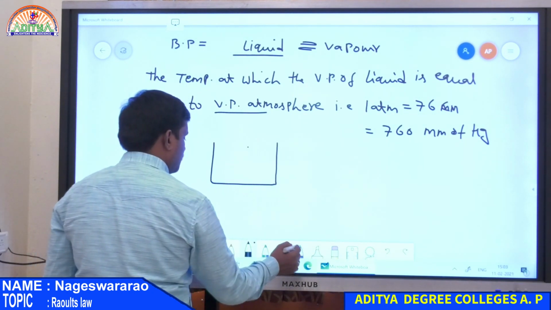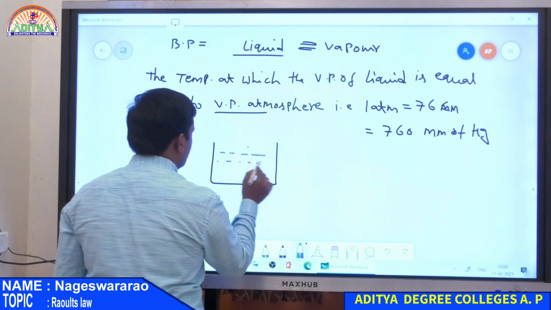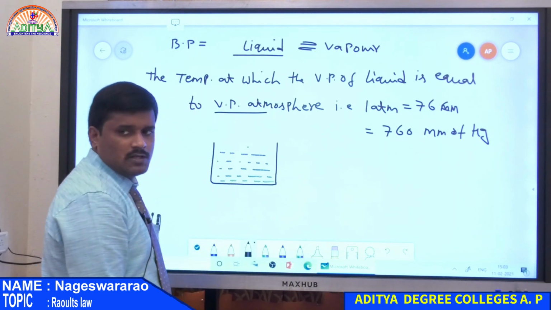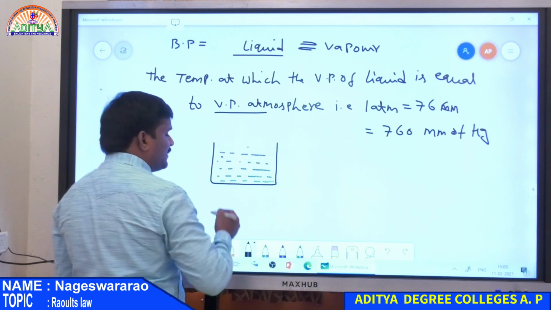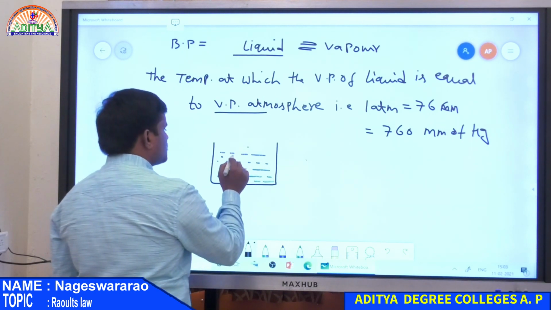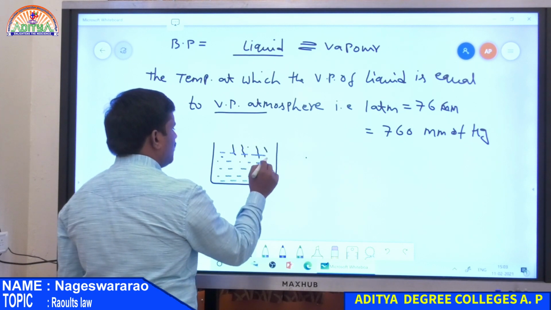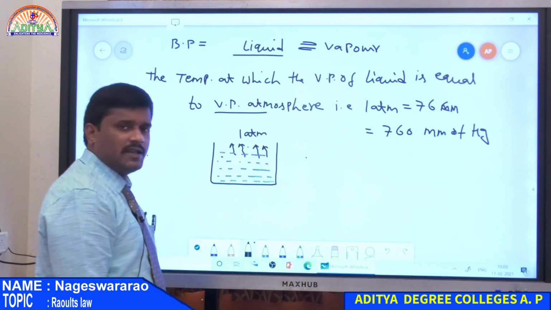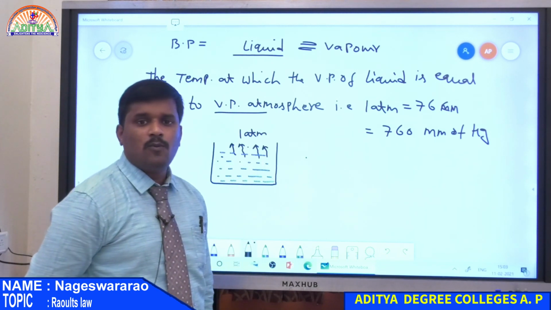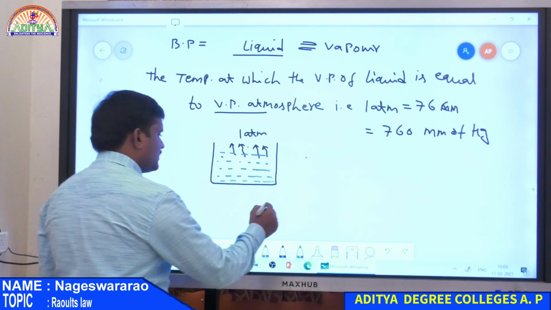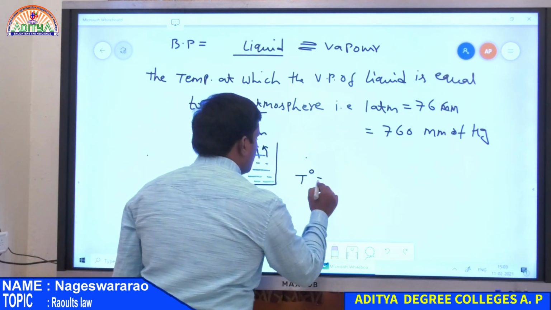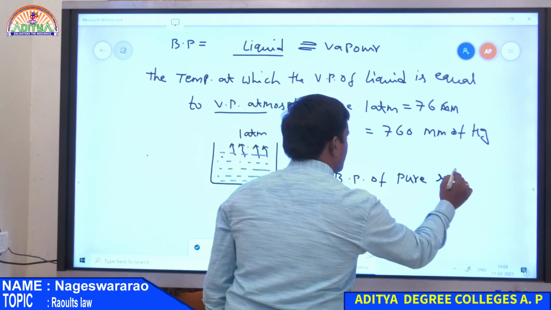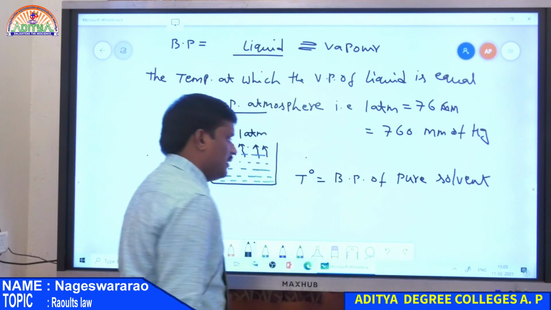The temperature at which the vapor pressure of this solvent is equal to 1 atmosphere is nothing but the boiling point of the pure solvent. Let T naught be the boiling point of the pure solvent.